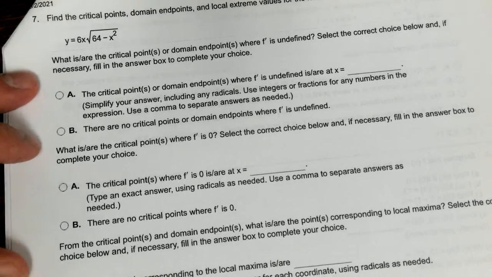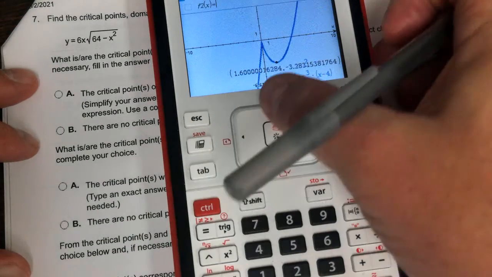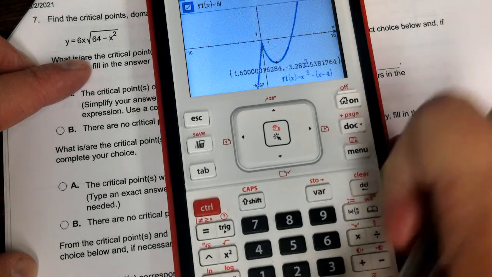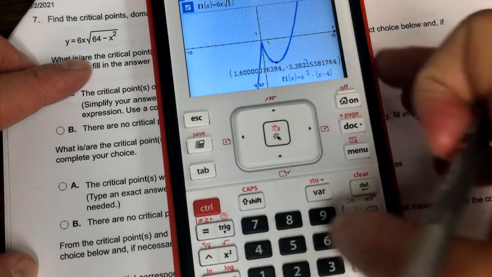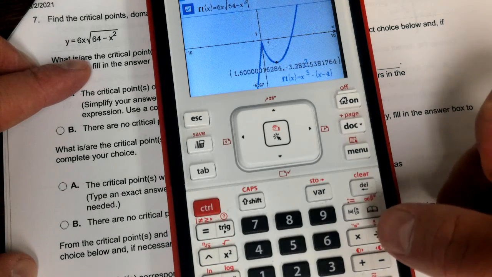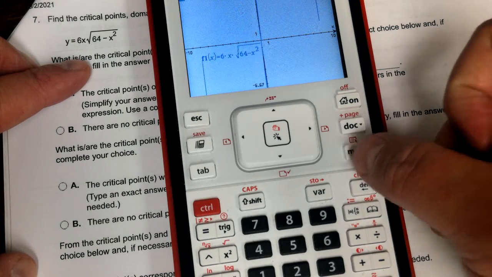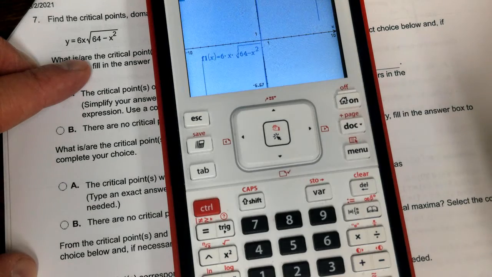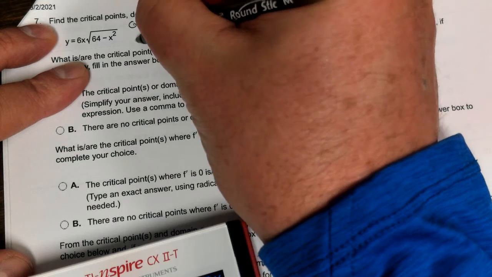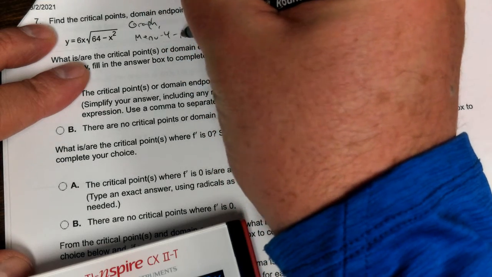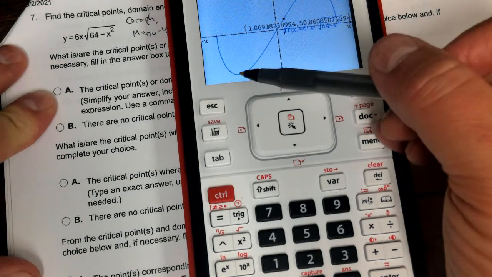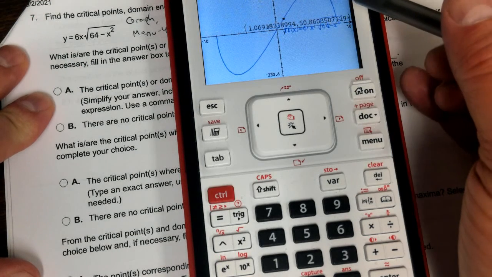Okay, on this one we're also going to graph. So we have 6x square root of 64 minus x squared. Okay, and then I'm going to do menu 4a. So graph and then menu 4a provides a good window. And so then I know that I have a minimum here and I have a maximum there.